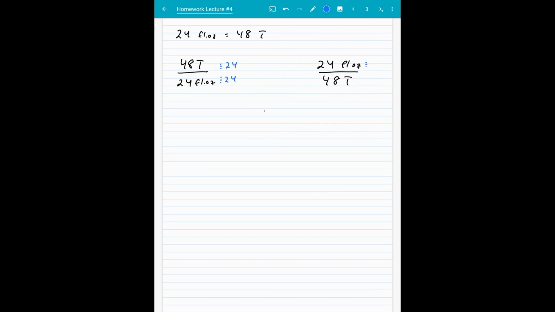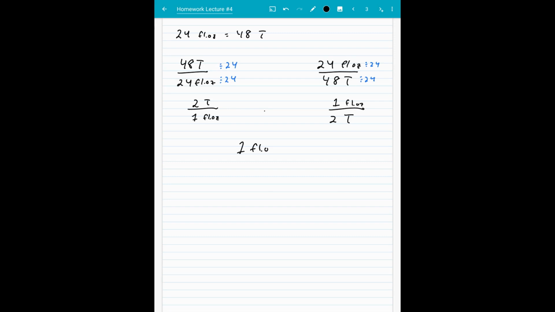We can divide 24 on each one of these separately, which would then reduce it to 2 tablespoons over 1 fluid ounce. Or for every 1 fluid ounce, you have 2 tablespoons.